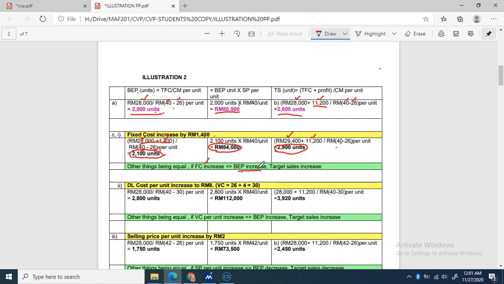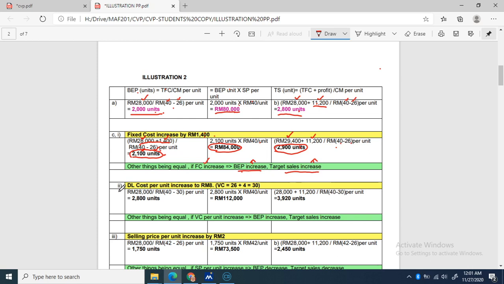So BEP increases. What happened to the target sales? Target sales also increase from 2,800 to 2,900. So this is the effect on BEP and target sales when the fixed cost increases. If this fixed cost decreases, BEP will decrease, target sales also decrease.